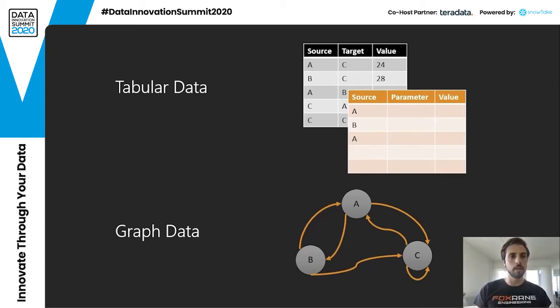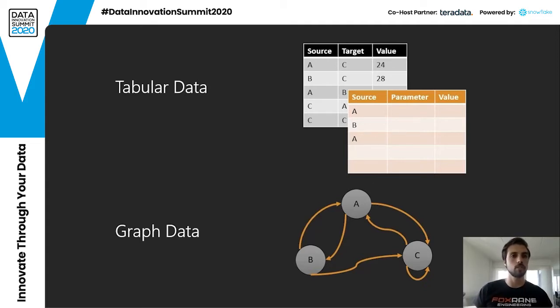The most important part of this is that these data points will not be related in any sort of way. However, if we model it as a graph, in this case, the transaction data set will be modeled with each bank account as a node of the graph, and the transactions will be the edges of this graph.